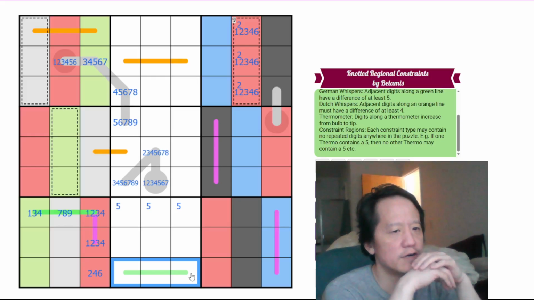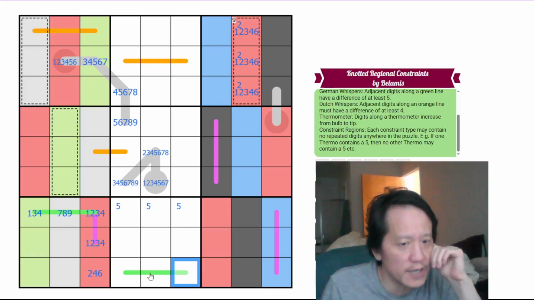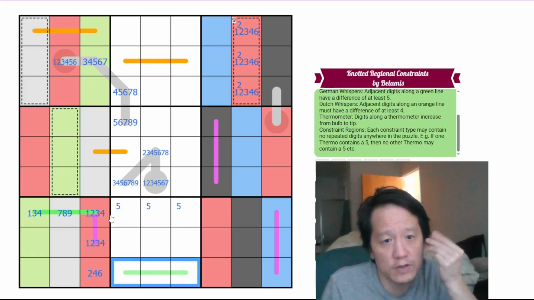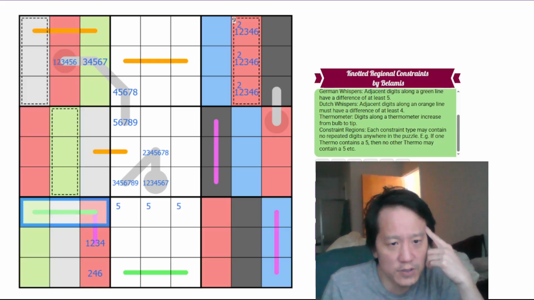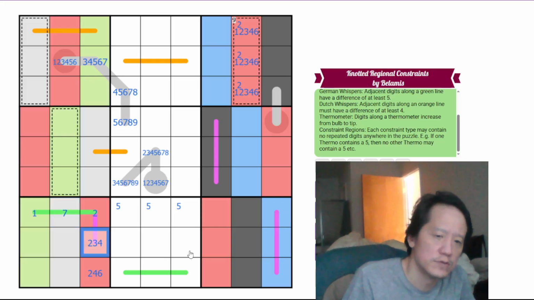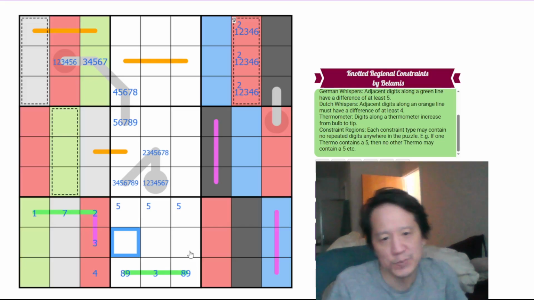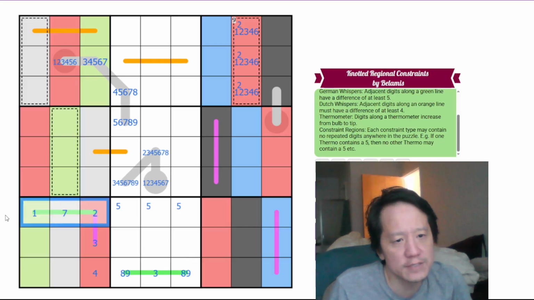So you would have 1, 2, 7 already taken up, so 3 would have to be between 8 and 9 if that were the case. Okay, so let's go through the possibilities here. If we have 7 here, and this is 1 and 2, this would have to be 3 to be Ren band. This would have to be 4. This would then be 3 in between 8 and 9. That's possible. Okay, so that's a possibility.